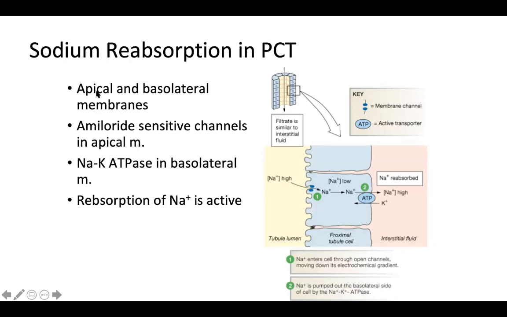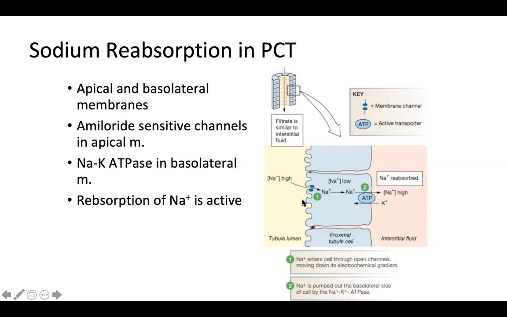One thing I wanted to say is the difference between the apical and the basolateral membranes. On this slide, which I took directly from one of Dr. B's slides, it says it right down here: sodium is pumped out the basolateral side of the cell. Just remember the basolateral is facing in and the apical side is facing out. If you forget that, think of your skin.